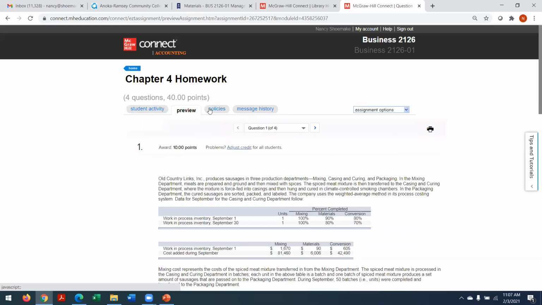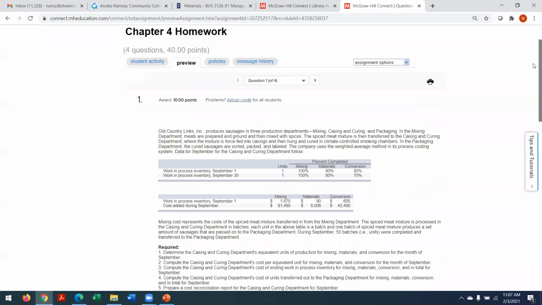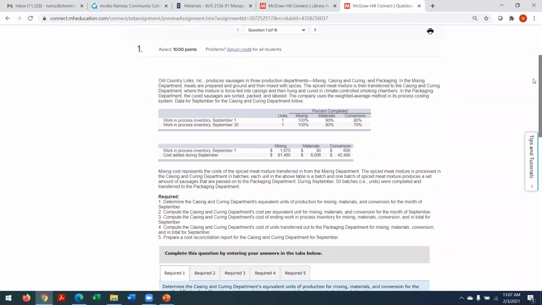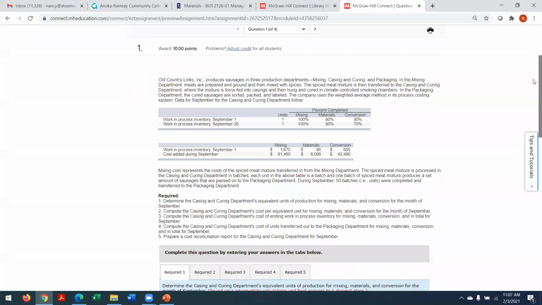So for the homework, here, Old Country Links produces sausages in three production departments: mixing, casing and curing, and packaging. In the mixing department, meats are prepared and ground and then mixed with spices.